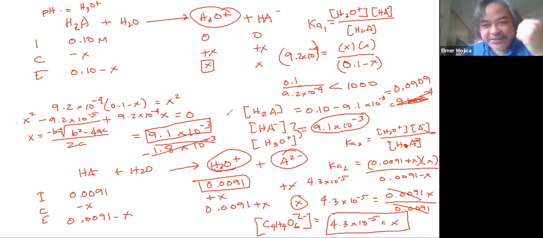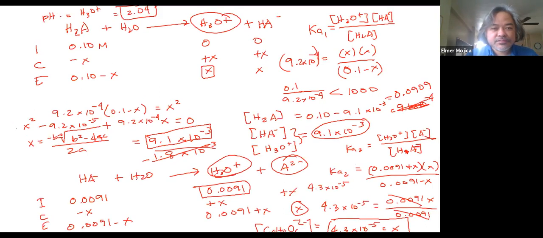So you could say that's the only H3O plus source that you have. So when you get the negative log of that number, you can get the pH, and that would be equal to what? Right? Did you get that?